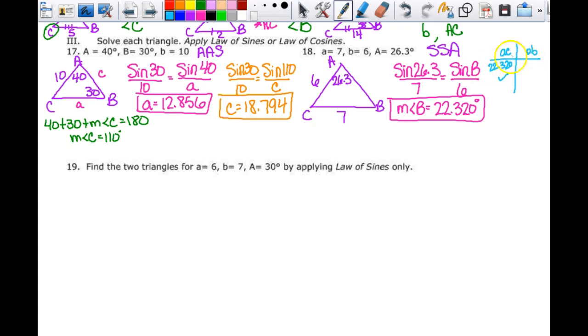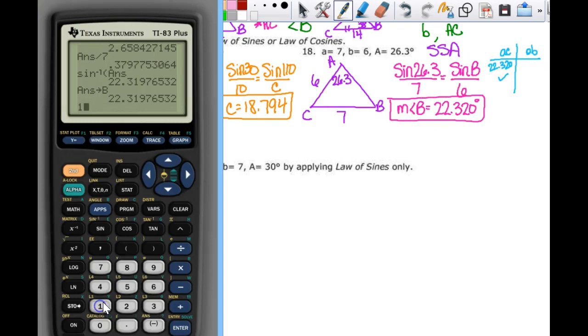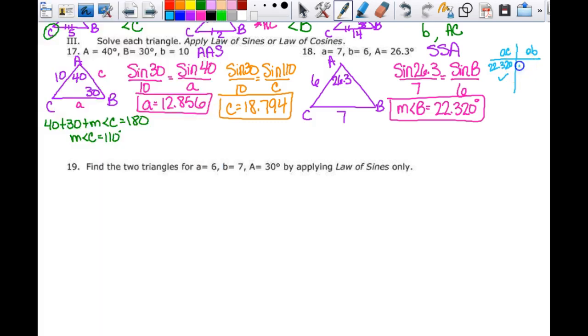To find the obtuse one, so like if this was a B1, what my B2 is, I would do 180 minus that, so 180 minus B. So if I do get to have a B2, I'm going to store it just in case. Store it in alpha. I'm going to do E because it's under the B. Store it there. So that's 157.860, it doesn't matter, it's in my calculator.